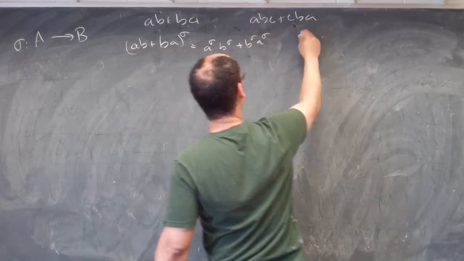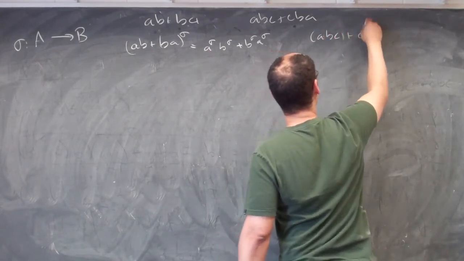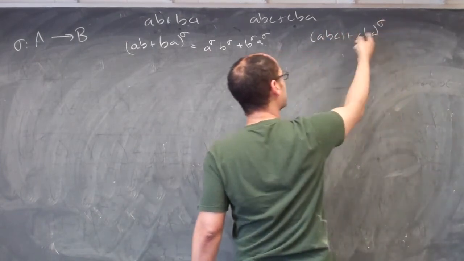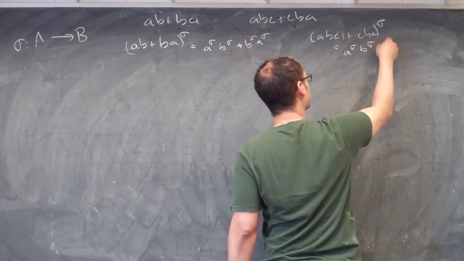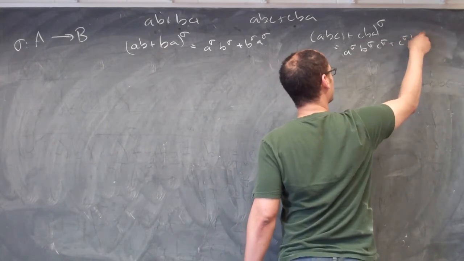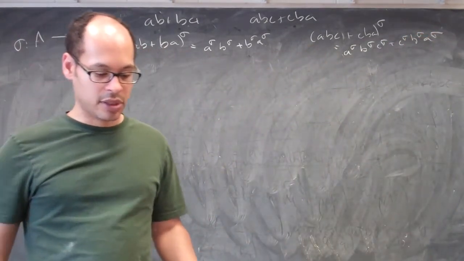And similarly, this thing has that property, that because I can rewrite it in terms of the Jordan structure, if I apply sigma to that, I necessarily will get A sigma B sigma C sigma plus C sigma B sigma A sigma. Okay, that's really the conclusion.